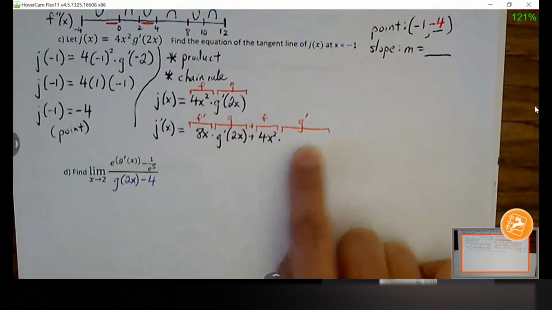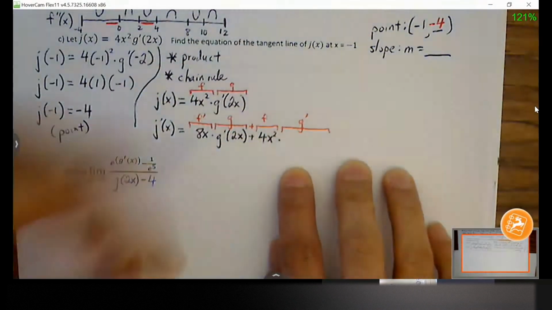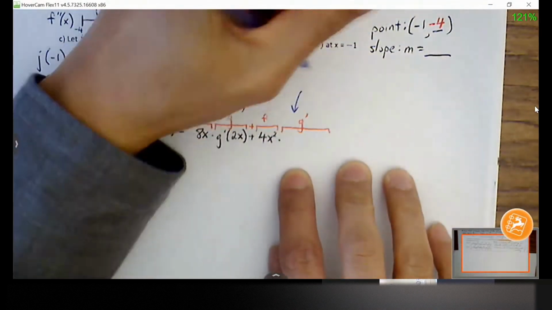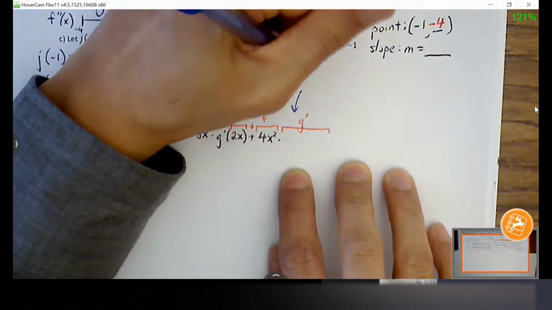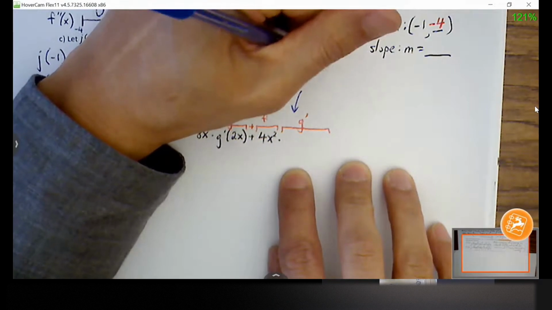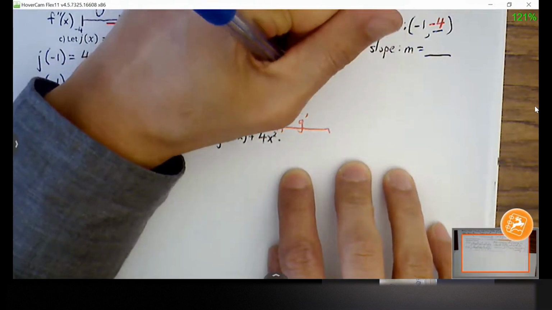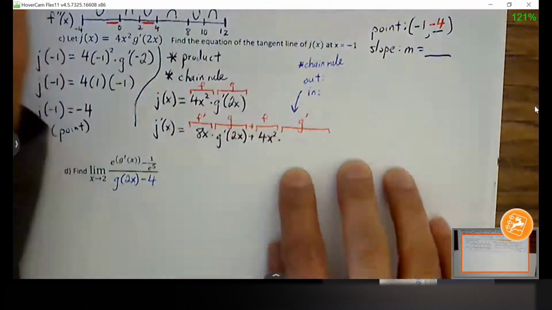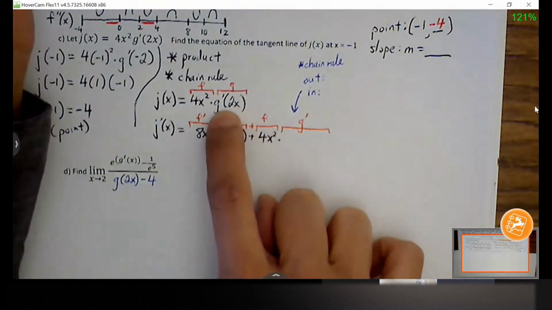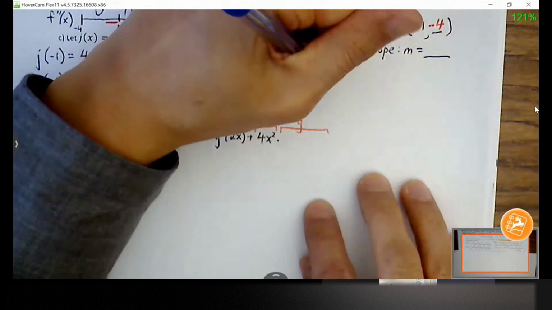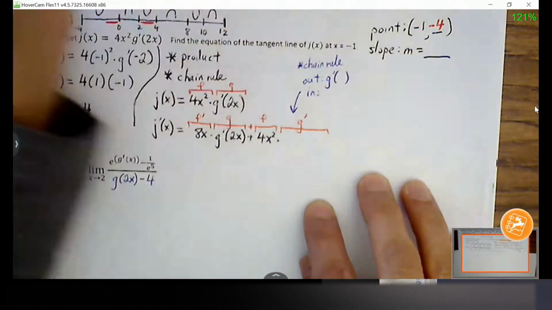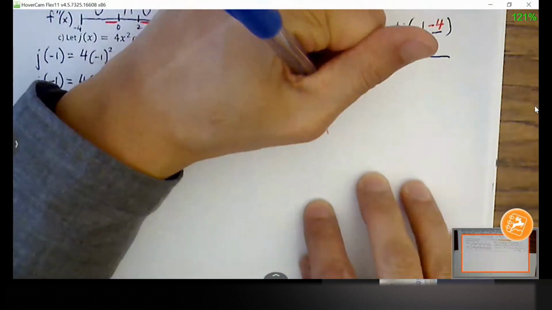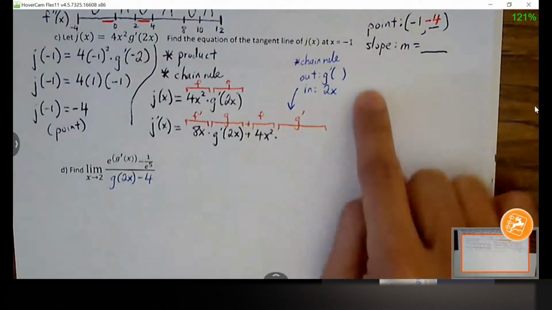All right, so when we get to G prime is where we have to activate our chain rule. There's an outside and there's an inside portion that we have to keep track of. The outside is that G prime there, and the inside is that 2x. So we'll take turns with each derivative.